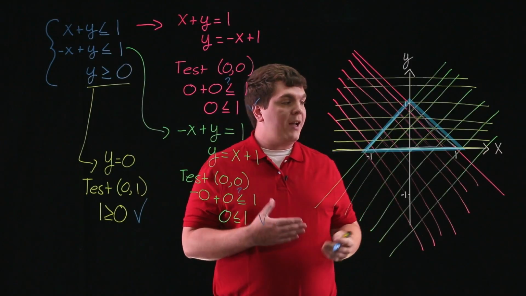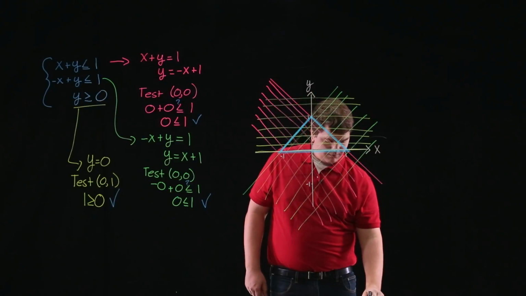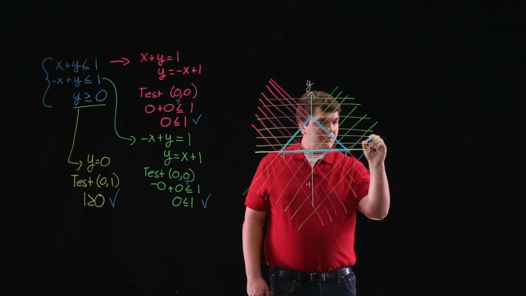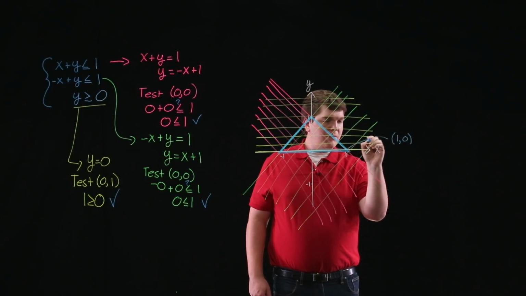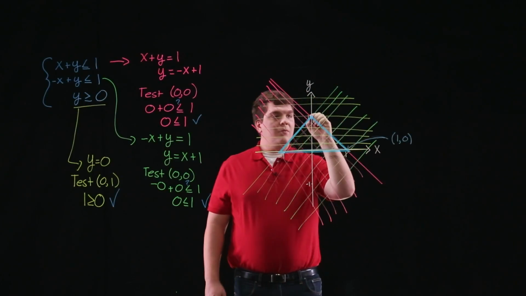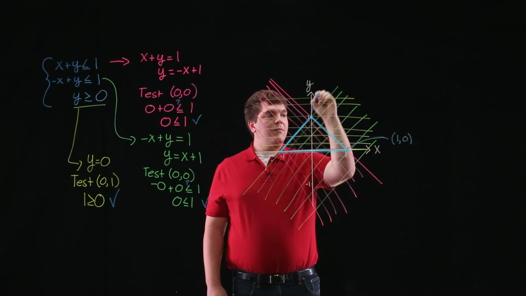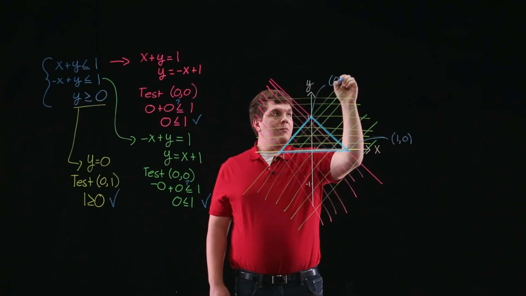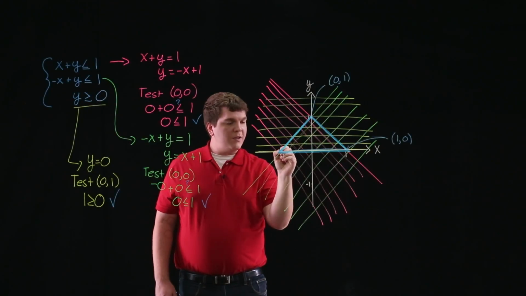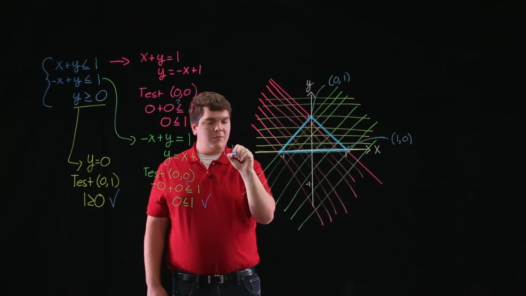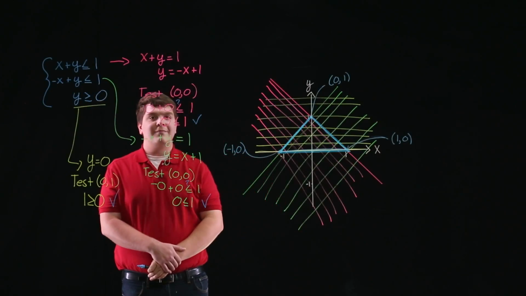And our vertices are going to be the points (1, 0), the point (0, 1), as well as the point (-1, 0).